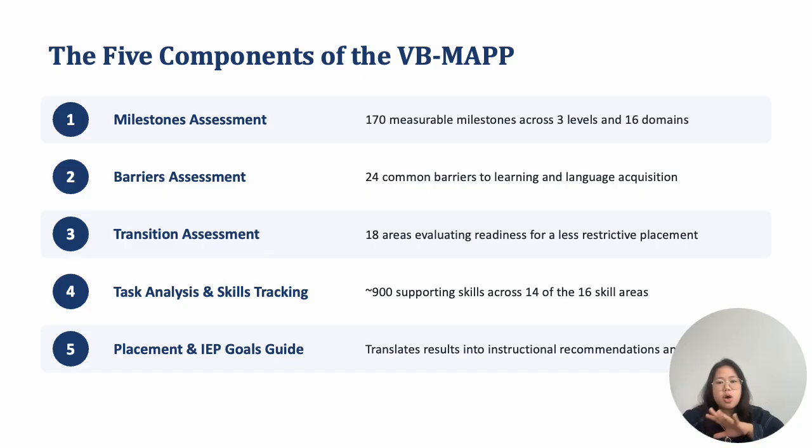It translates all this into concrete instructional recommendations and goal language. Lessons 2 through 4 cover the milestones assessment level by level, lesson 5 covers barriers and transition, and lesson 6 covers data interpretation, placement, and program development.